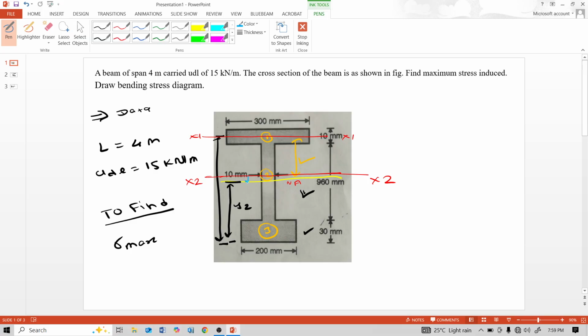This distance. That means only web part neutral axis is 510 and this I cross section neutral axis is 428.54. That means 510 minus 428.54 is 81.46. This distance is 81.46.